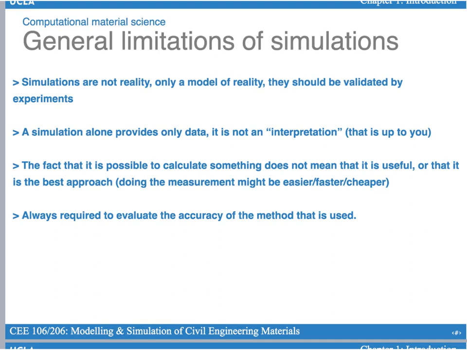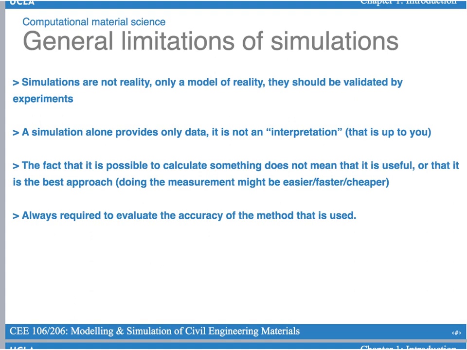Sometimes experiments are just not possible. So in this case, you have to assume that your model is correct and use simulation to see what is the numerical outcome of your model, and you have no way to validate it. It's just a prediction that maybe one day you or somebody else will be able to validate by conducting an experiment.